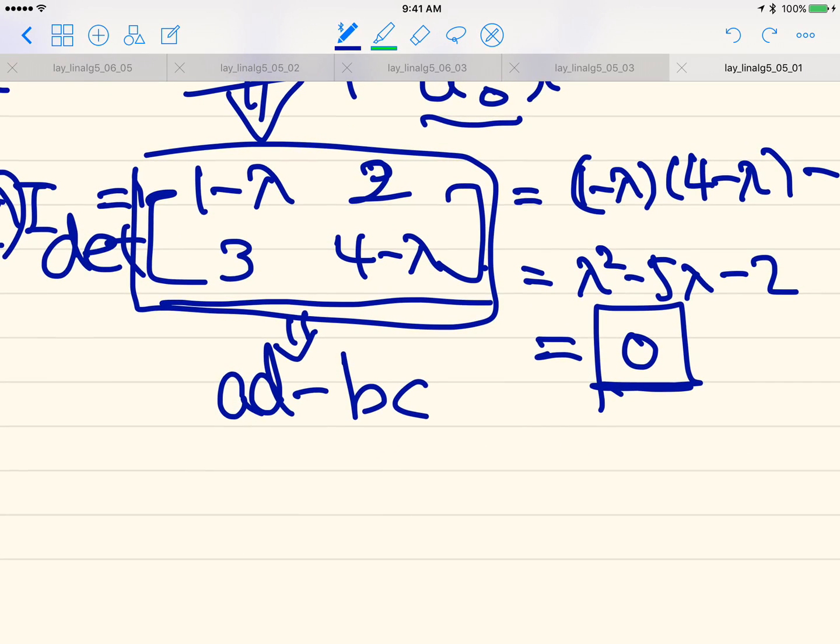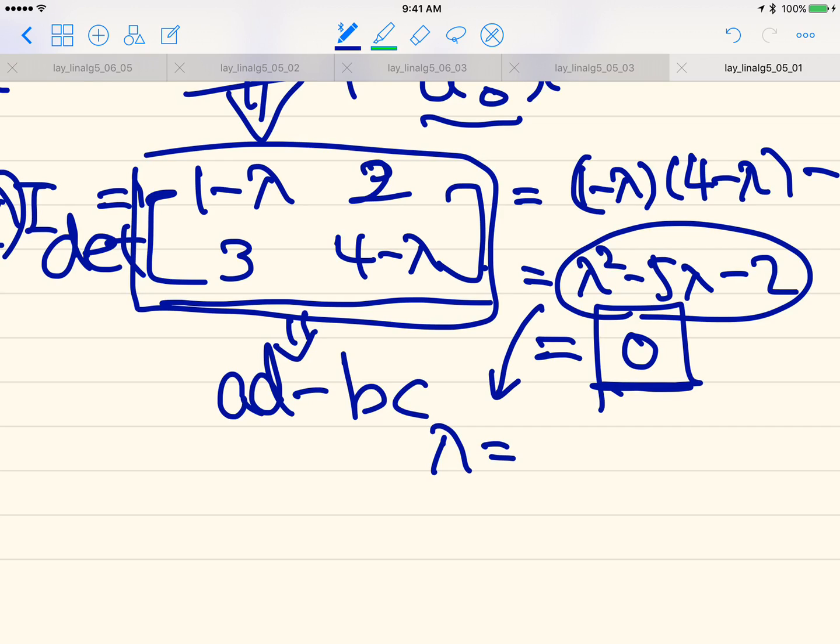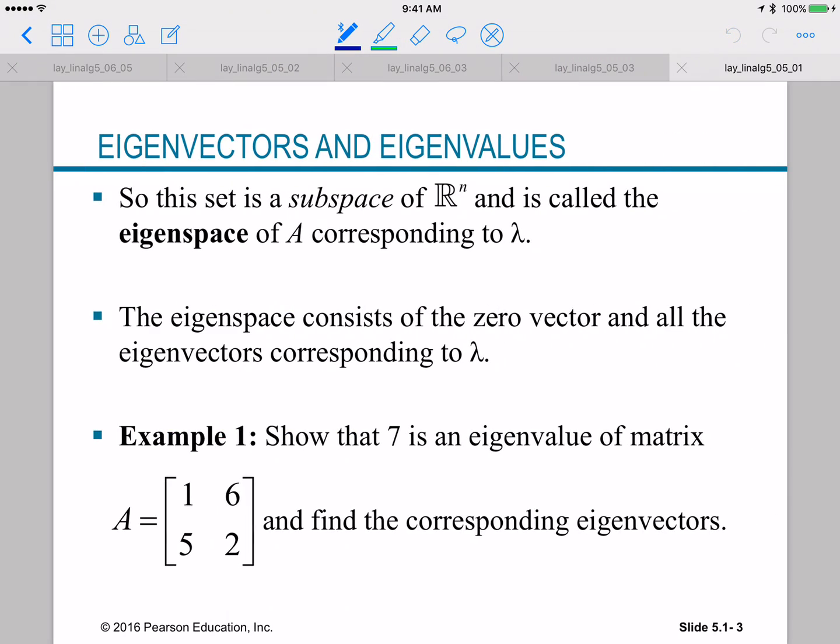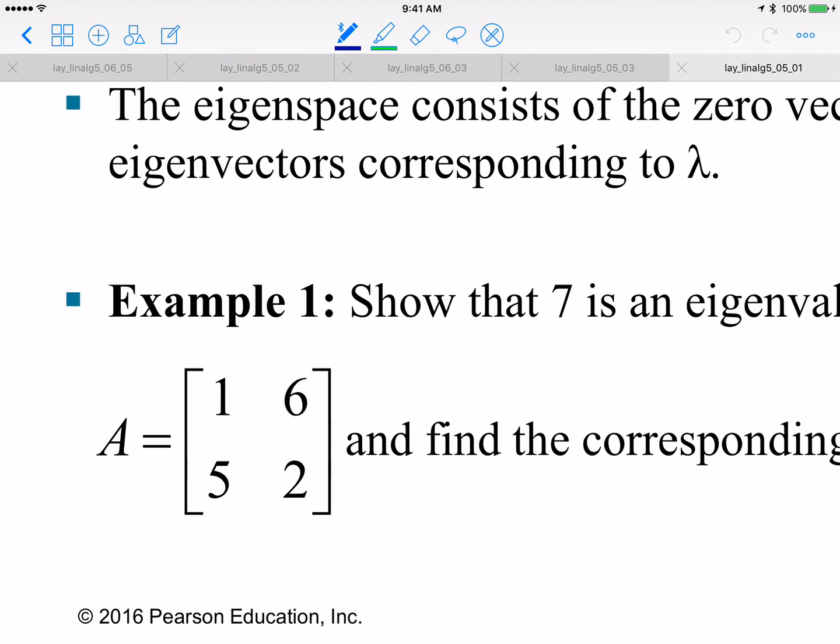Okay, and then so it has some root or some solution, and suppose this guy was having the solution of 1 or 4, for example. Okay, so I'm bad at creating a good example, but let's think about this guy.